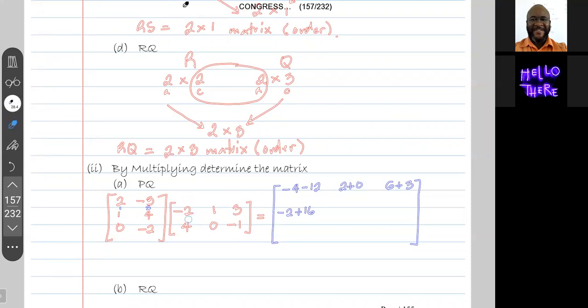Next, I'm going to multiply middle by middle. So that's going to give me the extreme middle answer. First by first, second by second. So 1 times 1 is 1, and 4 times 0 is 0. All right, so lastly, I'm going to multiply the middle row by the right column.